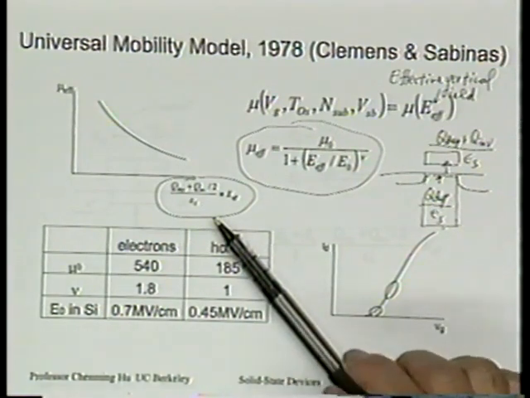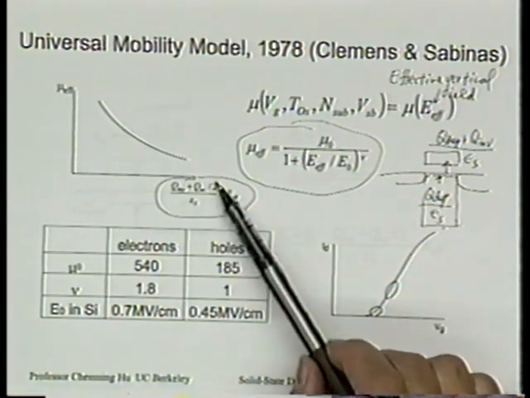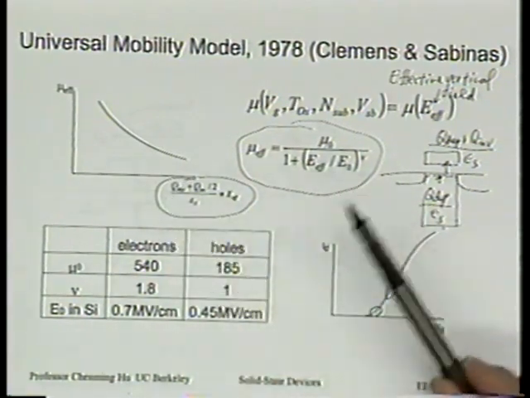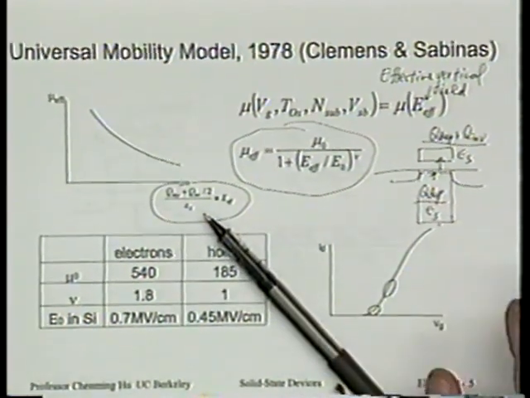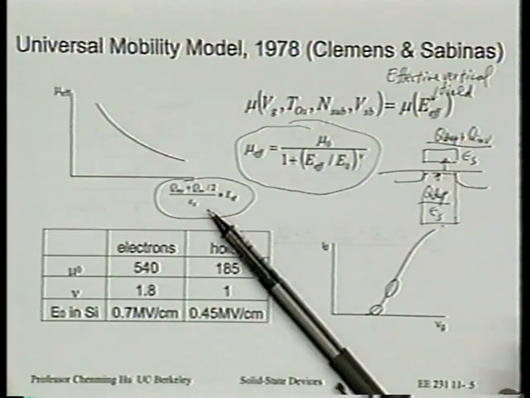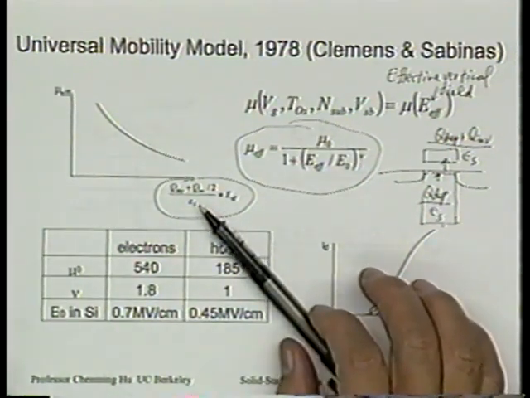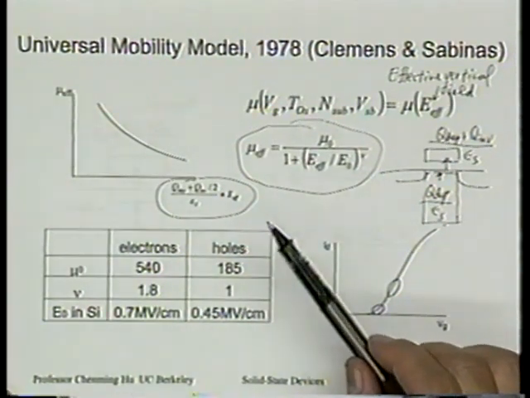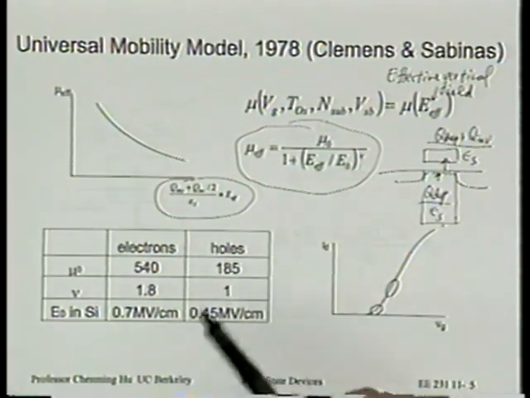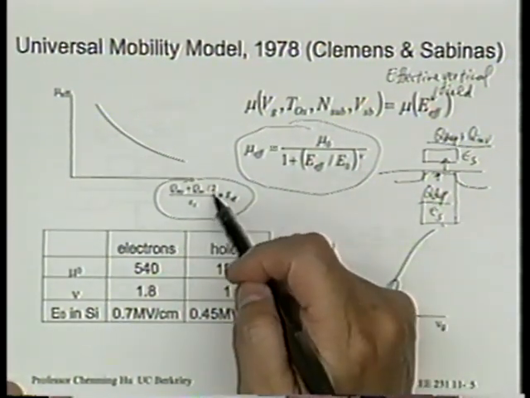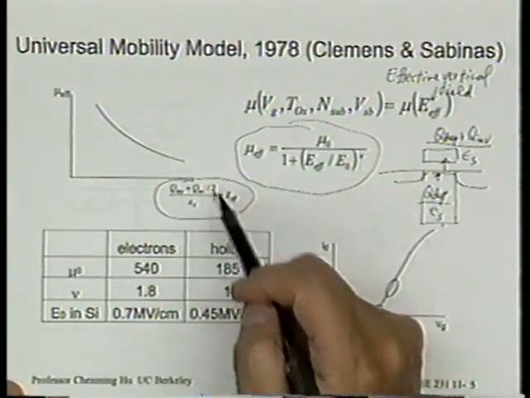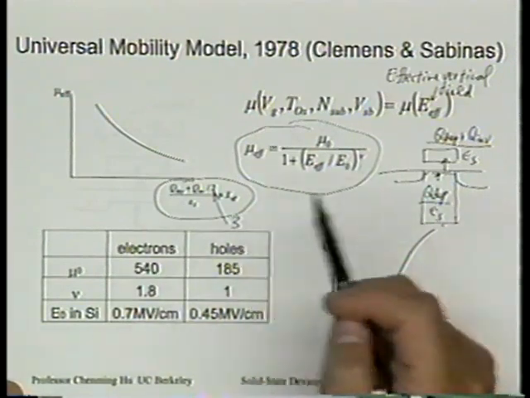Yeah. Very good. In other words, you say maybe this should not be 2, should be 3, or this should be square. Right. Yeah, that's right. As far as I know, no one has reported a complex fit like that, but I have to assume that Clemens and Sebnes, when they did this, probably tried a few other things. One thing people have reported, and this is widely accepted, is that for hole mobility, this should not be 2, but rather 3.